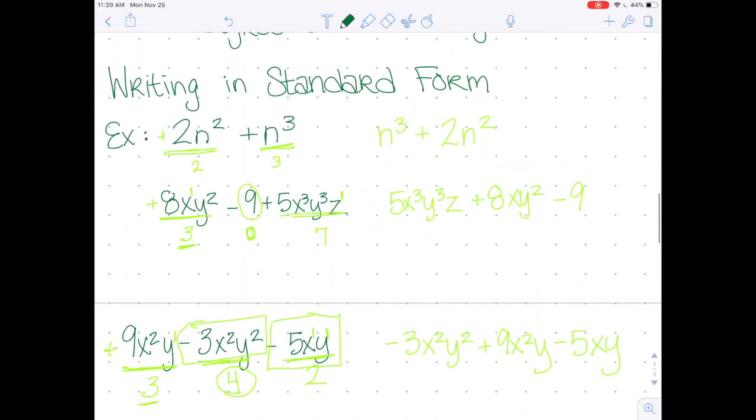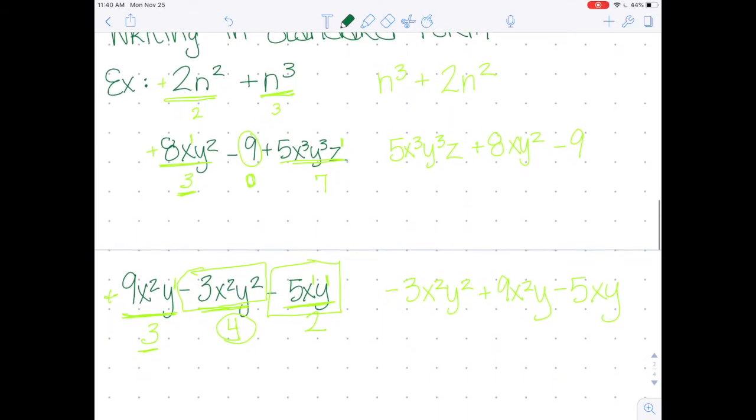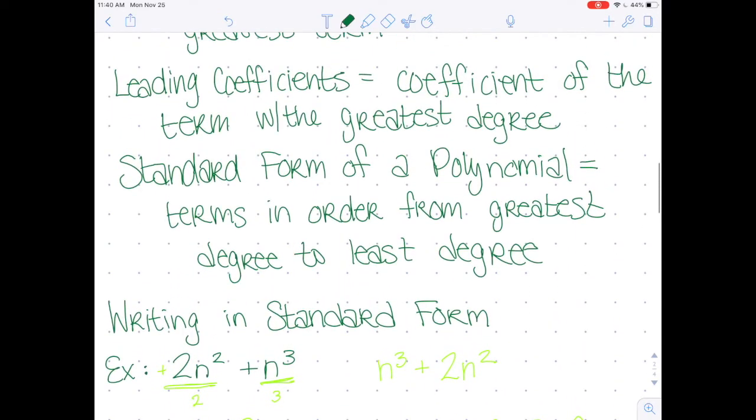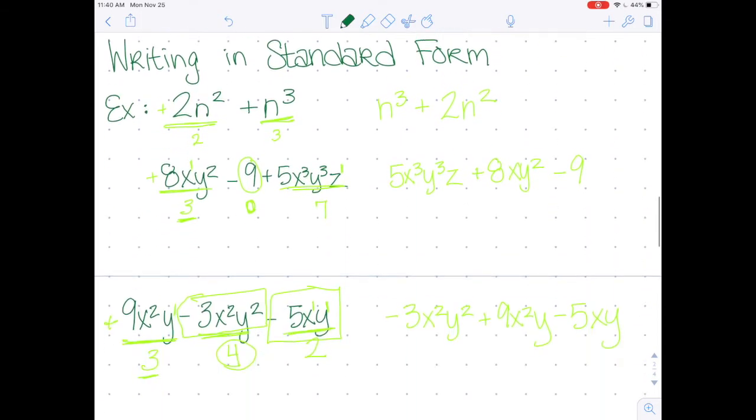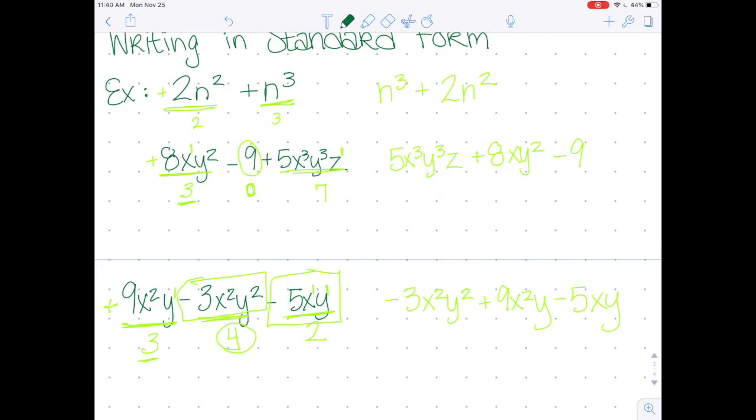So if we go back and look at these last 3 examples, we should be able to find the leading coefficient in each of them. And remember, the leading coefficient is the coefficient of the term with the greatest degree. Well, we wrote the greatest degree first, so that should be easy to find. So in this first one, where we had n cubed plus 2n squared, the leading coefficient would be the number in front of n cubed, which, remember, if there's not a number, it's always 1. So in this case, the leading coefficient would be 1.